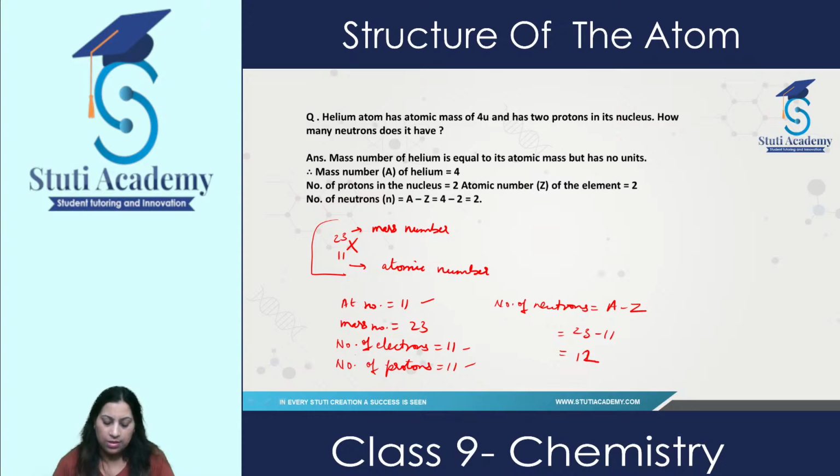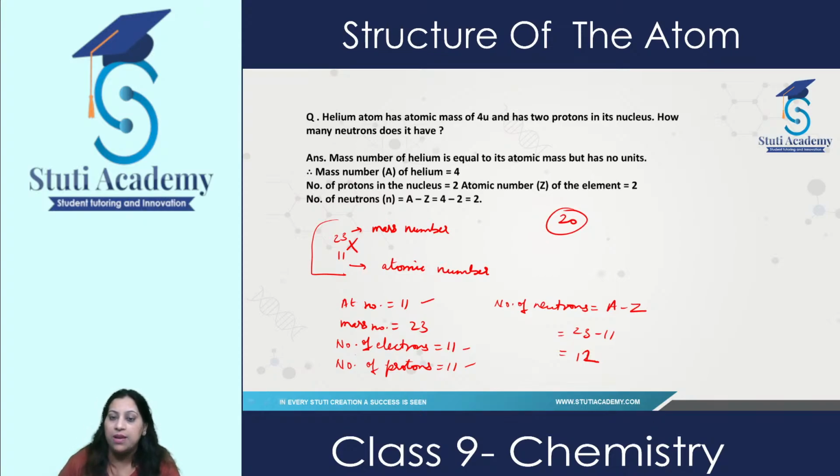Or sometime question can come, find out number of electrons in a given element. Suppose they'll give you question, suppose an element whose atomic number is 20. Okay. Now they are asking, write down the number of electrons and protons present in them.